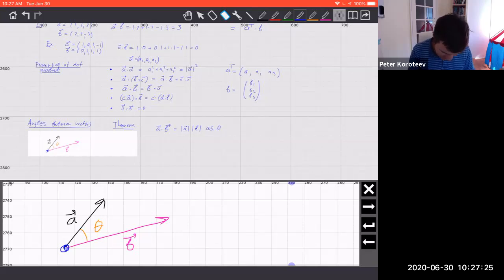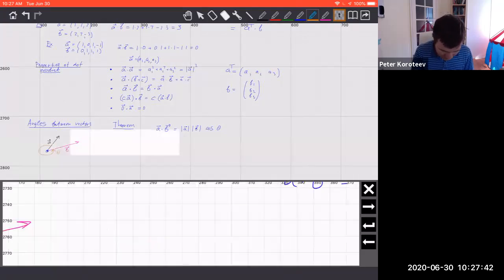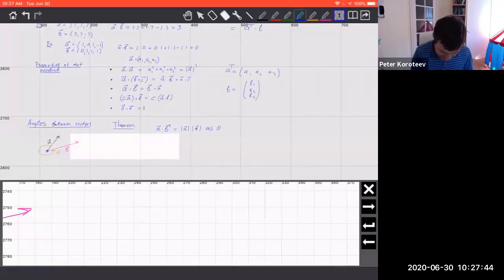So the angle theta that is drawn here matters, because cosine of theta can be either positive or negative depending on the angle. It does matter which direction you measure the angle. So it's the angle between A and B, right? In this case, theta is a large angle. Maybe give another example.